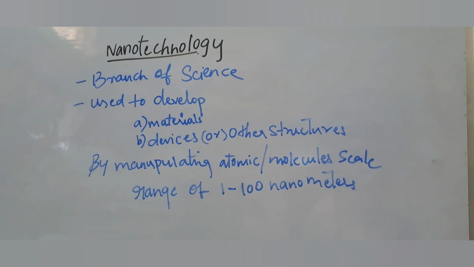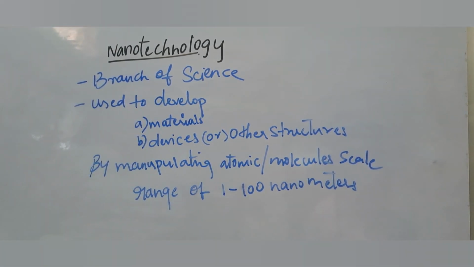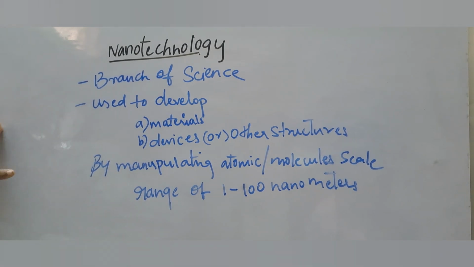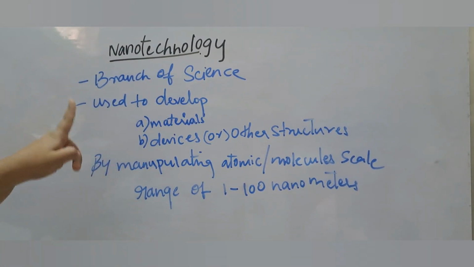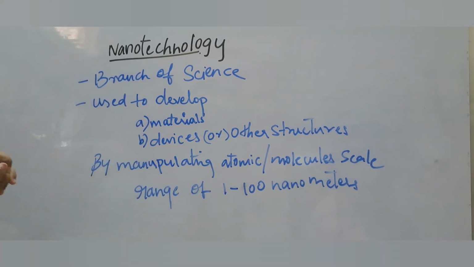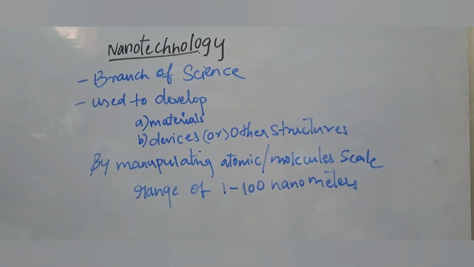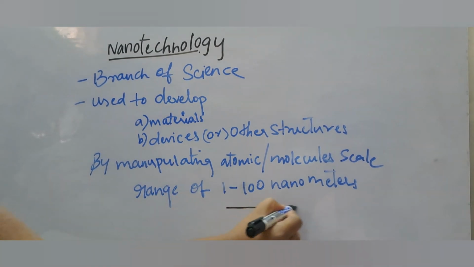So firstly, what is meant by nanotechnology? The definition is very clear: it is a branch of science which is used to develop materials, devices or other structures by manipulating atoms or molecules in the scale range of 1 to 100 nanometers.